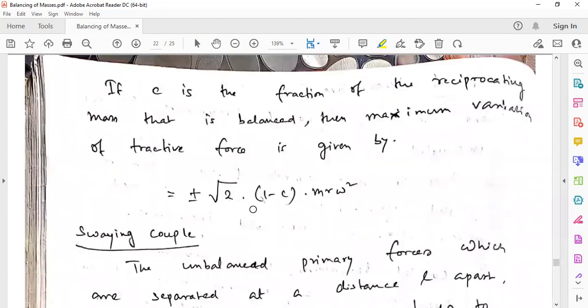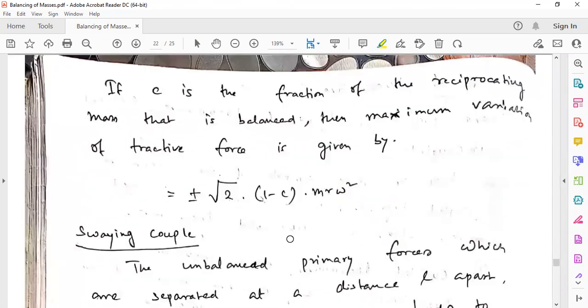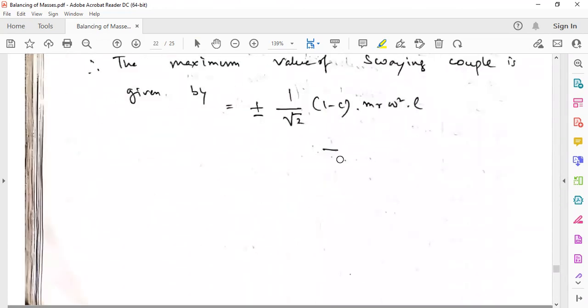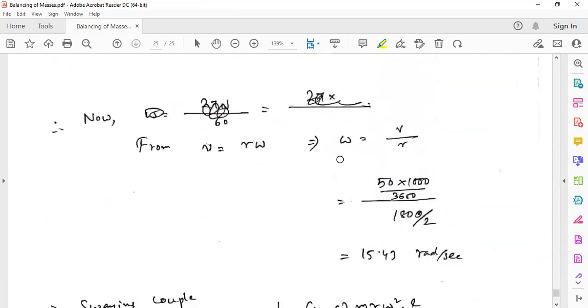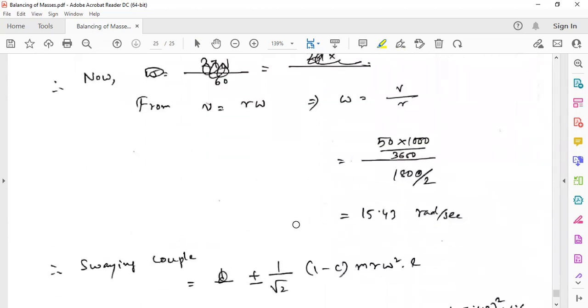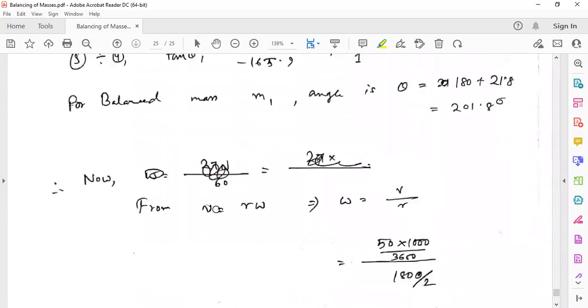Use this formula to find the variation of tractive force and use this formula to find out the swaying couple. So here you see, we need to find out omega because in the formula omega is there. So see, velocity equal to r omega, so omega will be v by r.